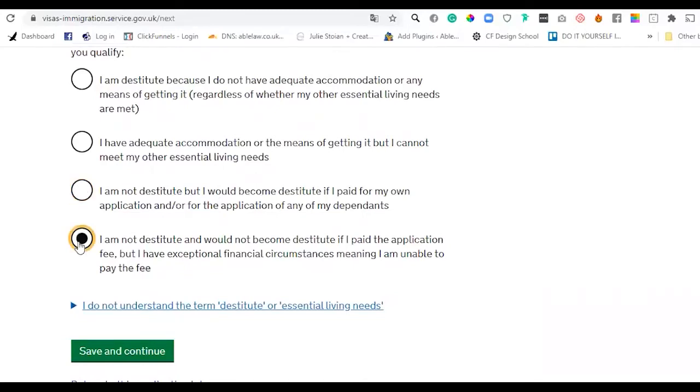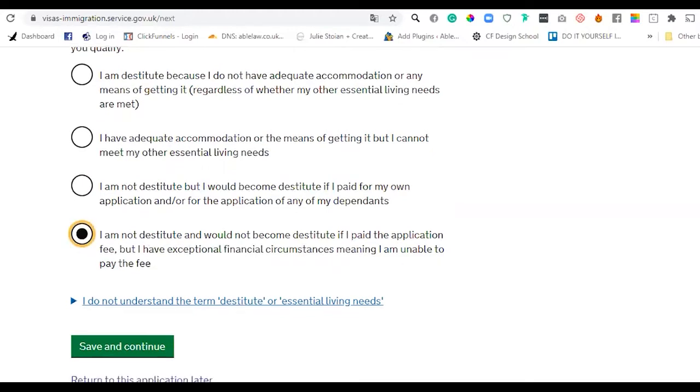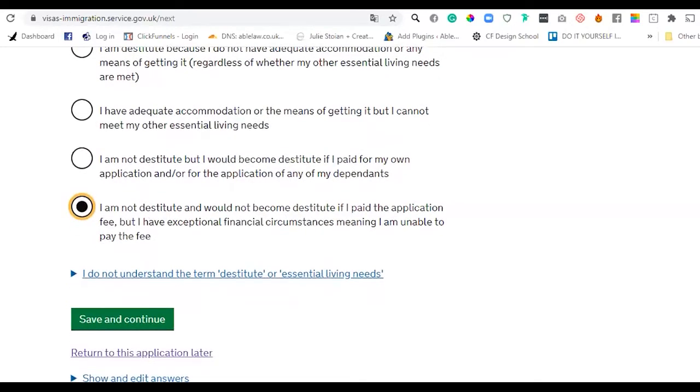But this one, you're not destitute, would not become destitute, but you have exceptional financial circumstances, meaning I am unable to pay the fee, meaning you basically don't have any money to pay for the fee because the fee is so expensive. Or maybe you have some money, but it doesn't pay for all of the dependents.